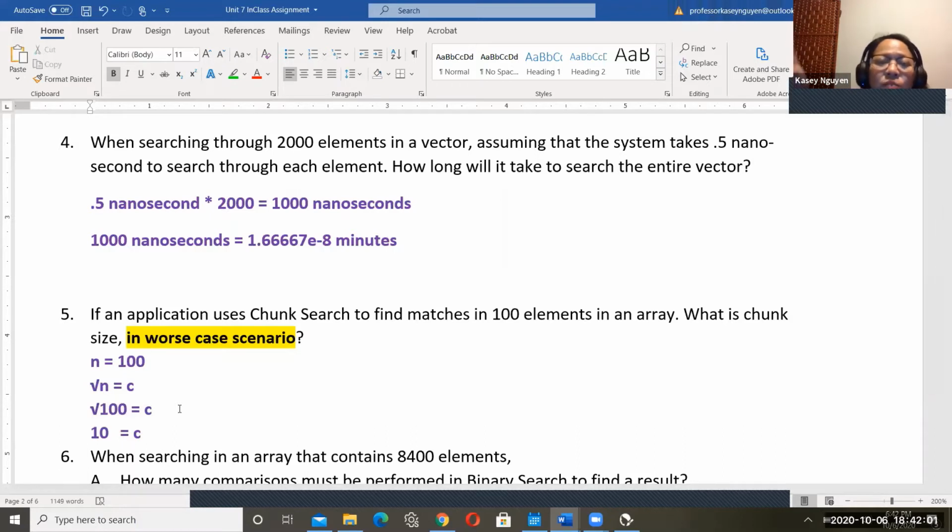You initialize your n value at 100, and then if you implement the CMath STL, you can do the square root operation on that to get your chunk size, your C. So when we're using 100 elements in our array, we would have 10 for C. Your chunk size is 10.